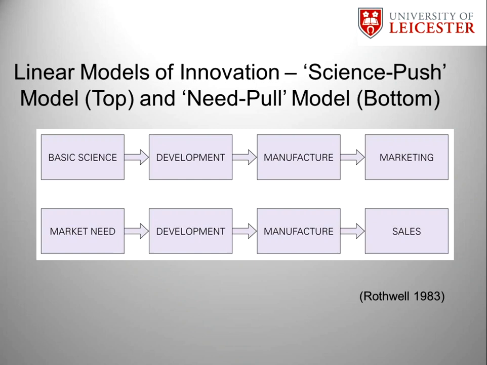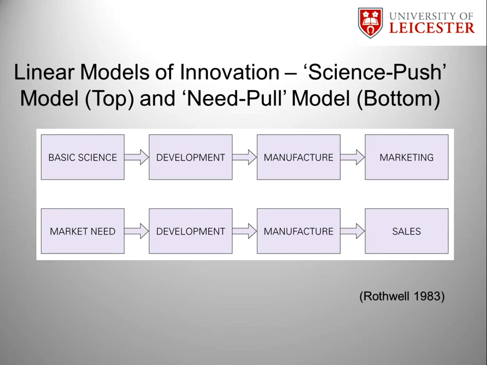Okay, so I think the first thing to look at then is this idea of the linear versus interactive models of innovation. So in the very first unit, I referred to different drivers to the innovation process. One was the idea of innovation being driven by a push from either science or technology.